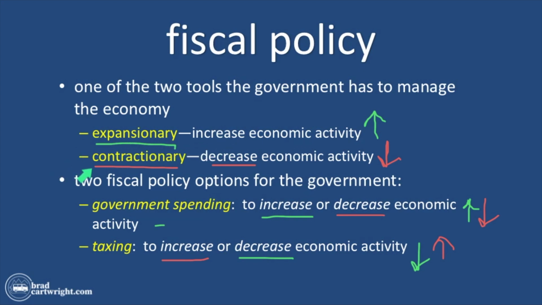If they increase taxes or decrease government spending, that would be an example of contractionary fiscal policy. All right, if that's not totally clear to you right now, that's cool. That's just an overview, right? That's the whole point of this: what is fiscal policy? And as you march on through your studies of macroeconomics, you will see how this starts to play out in specific ways, and it'll all start making more sense to you as you go along.